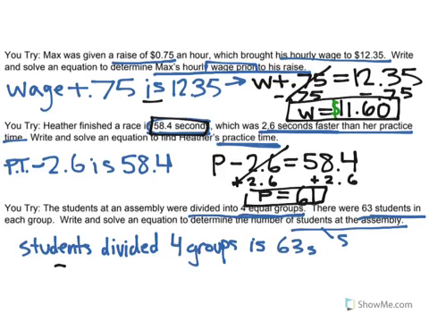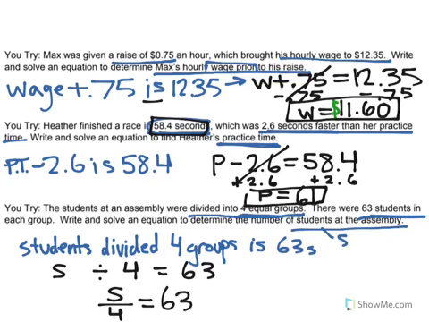We have students divided into 4 groups is 63 students. So we've got a different operation this time. We had addition in the first one, we had subtraction in the second one, now we've got division. You could also write this as S over 4, because that's the same thing as this division sign. S over 4 equals 63.